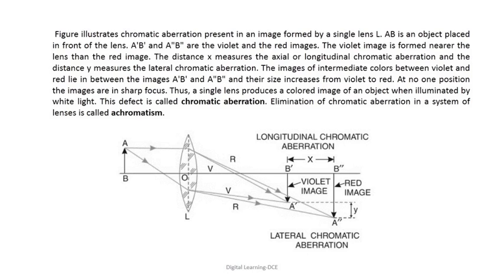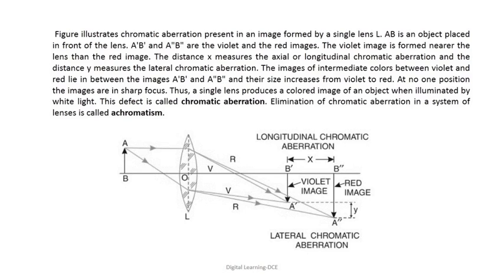The images of intermediate colors between violet and red lie between the images A'B' and A''B'', and their size increases from violet to red. At no one position are the images in sharp focus.